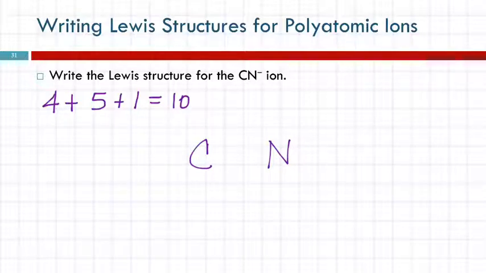So is the Lewis structure just getting the electrons from both and then the charge or subtracting the electrons? Say that again? So the electrons, 4 came from the C, and 5 came from the N, and then 1 came from the negative. Right. So when we're adding up these charges, the carbon has 4 valence electrons, the nitrogen has 5 valence electrons, and the negative charge tells me that as a unit, this has 1 extra electron.